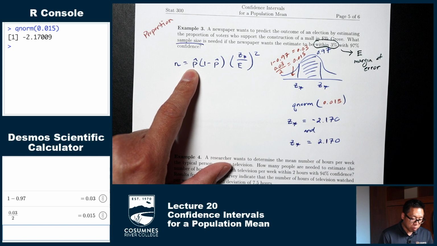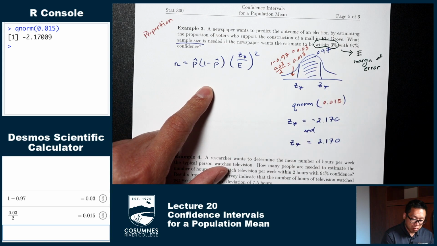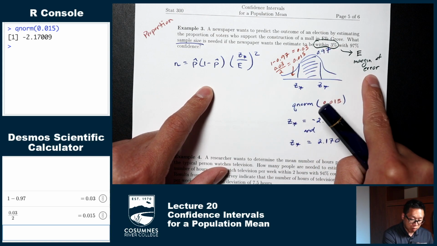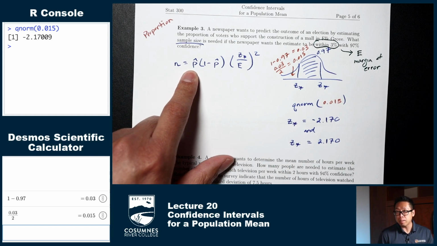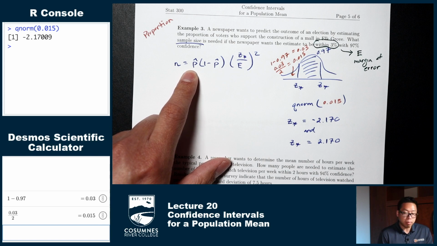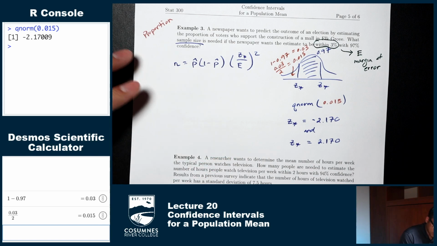Does it tell you an estimate for that proportion? No. 97% is the confidence level, which refers to the area in the middle. 3% is the margin of error, and those are the only numbers I'm given. So I'm not given an estimate for P hat, and if you don't see an estimate for P hat, use 0.50. Okay, so we have everything we need.